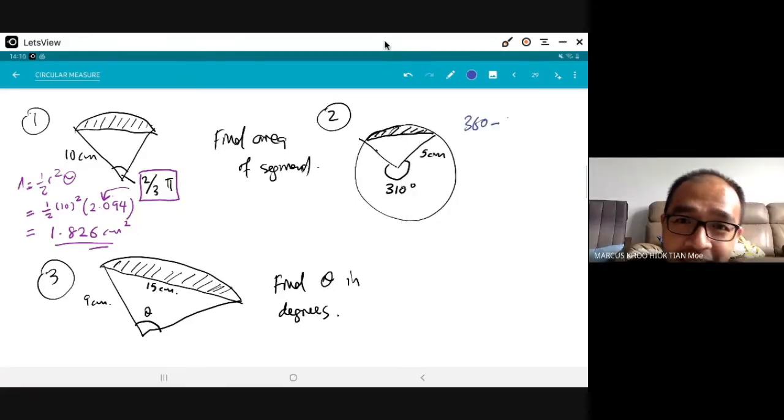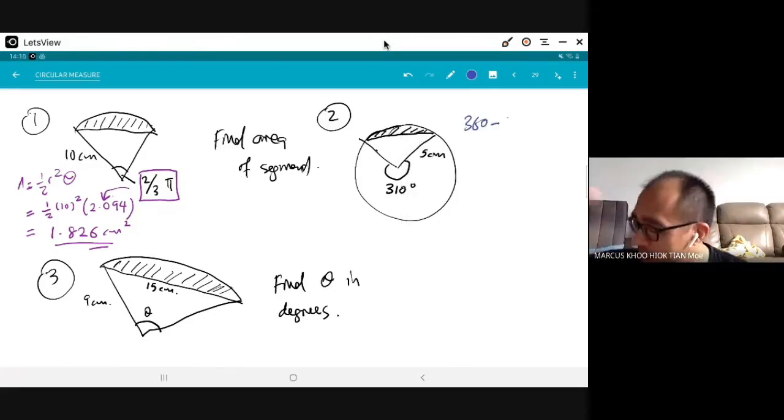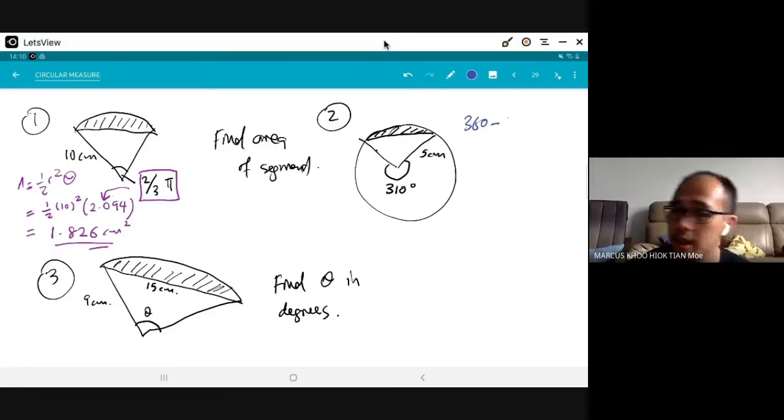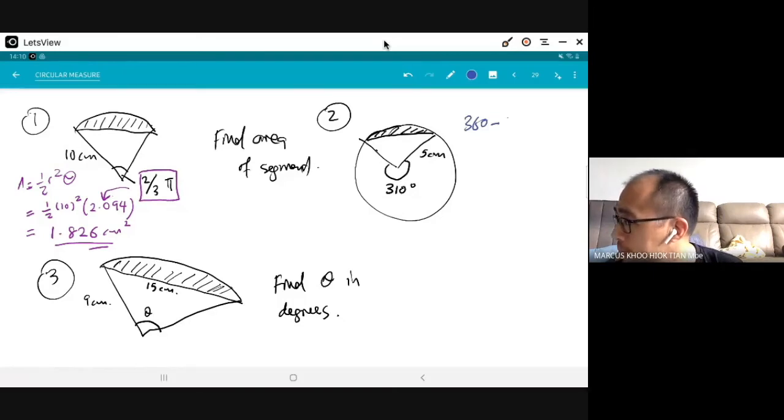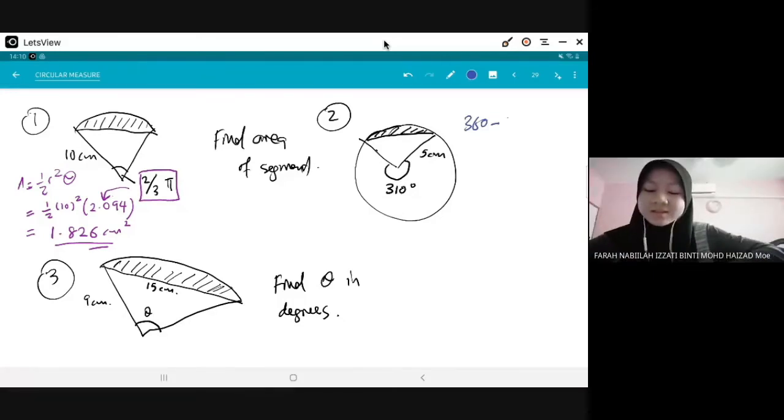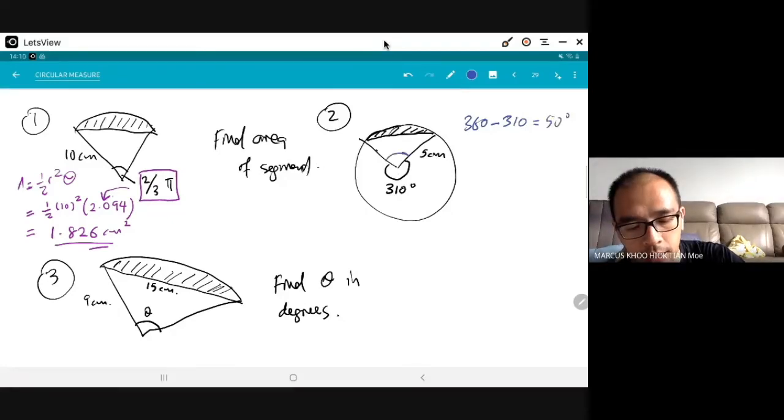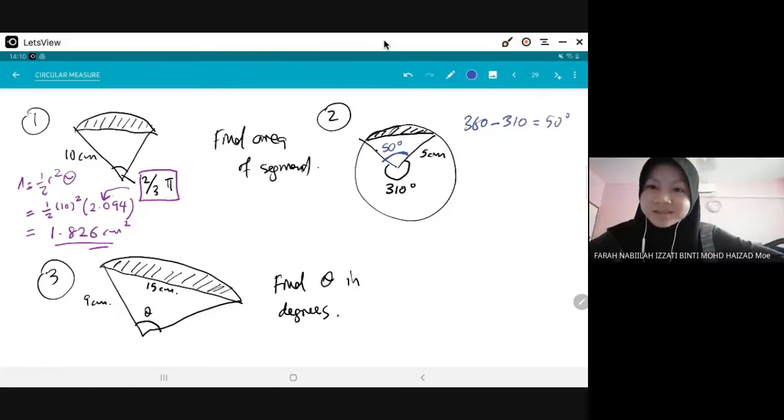Okay, Farah, can you continue? First 360 minus, and then after that I lost him already. Farah, can you tell me what to do? Firstly, 360 minus 310, and we will get 50 degrees, which is inside here. That's what we want. Very good. And then, since theta must be in degrees based on the formula, just insert.